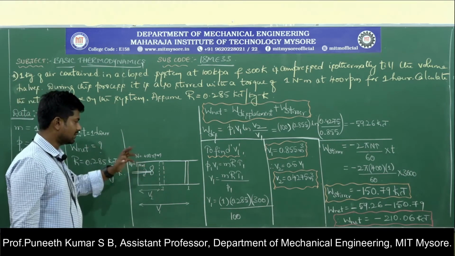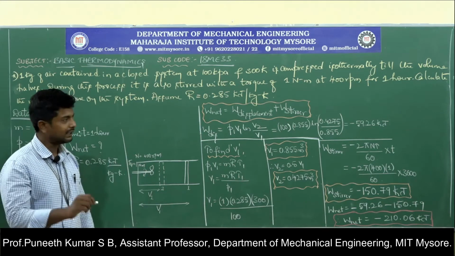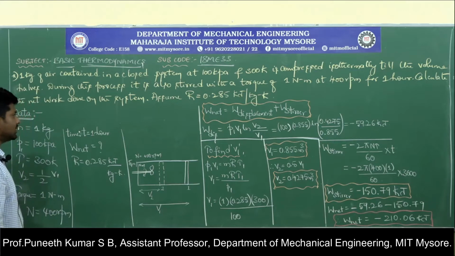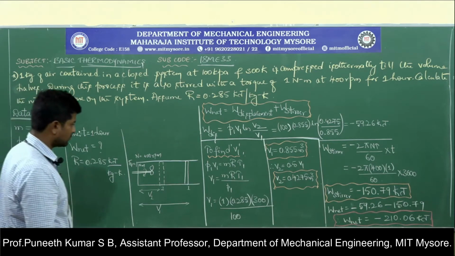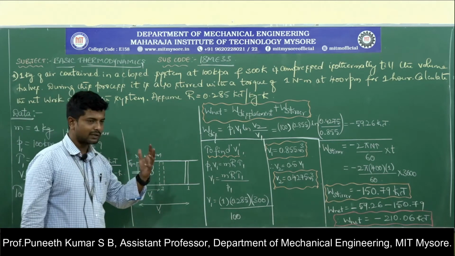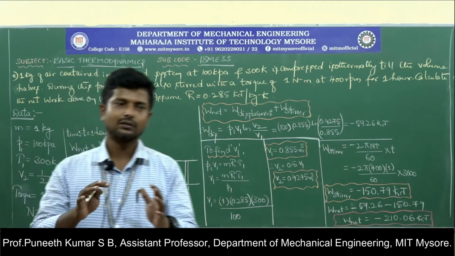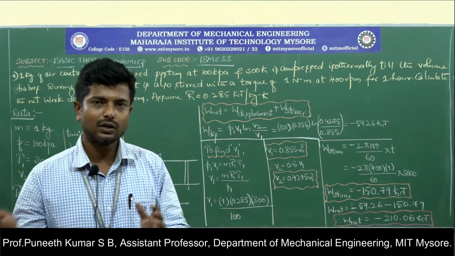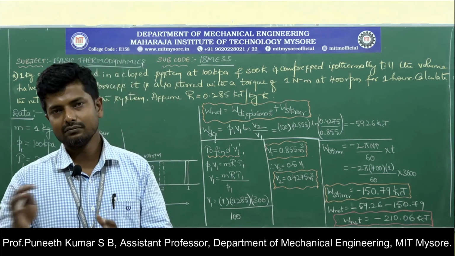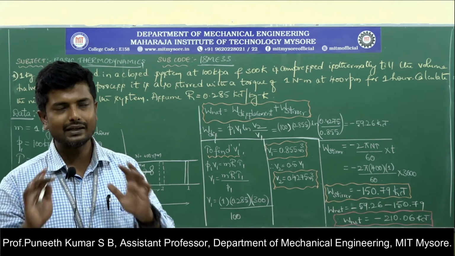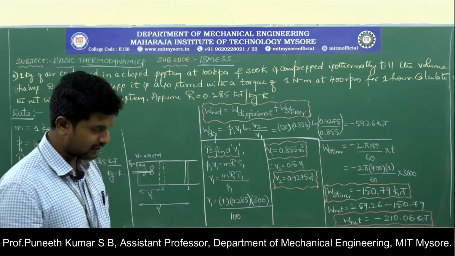Continuously this is running for 1 complete hour. Okay. Calculate the net work done on the system. So what does net work mean? It is the summation of different processes or the different works which have been done by the system or done on the system. All cumulatively we call it as net work.